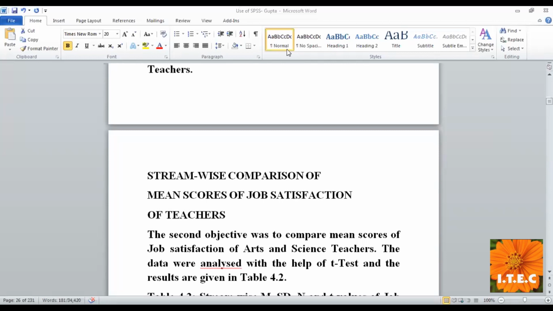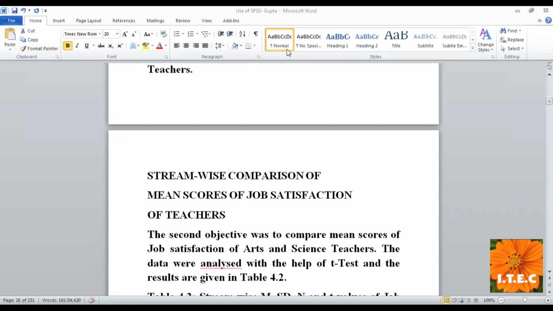You have to test your hypothesis either at 0.05 level or at 0.01 level. You can't test on the same value at both the levels. It's not possible. I told you, if you remember, that if your value is significant at 0.05 level, then automatically it is understood that it is not significant at 0.01 level.